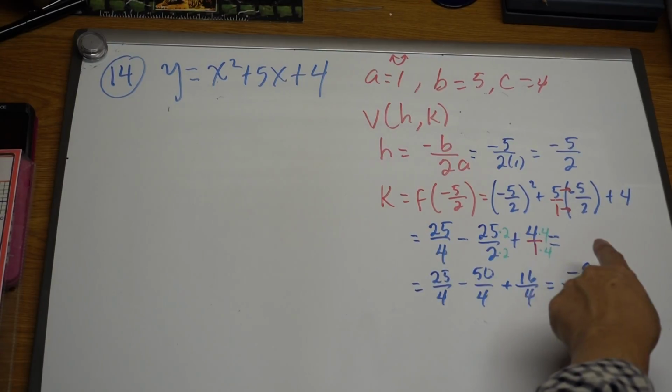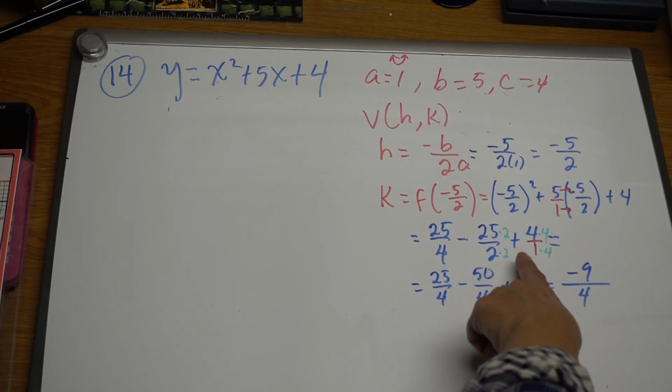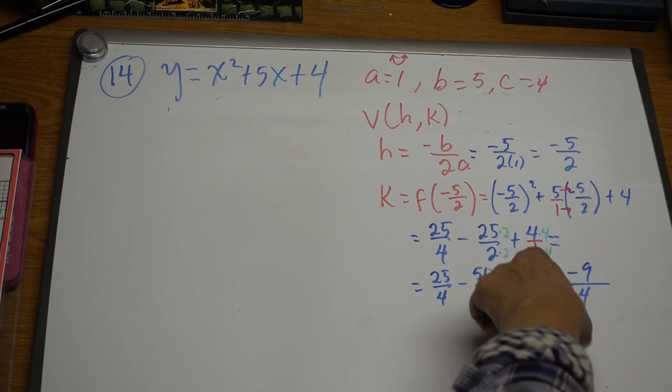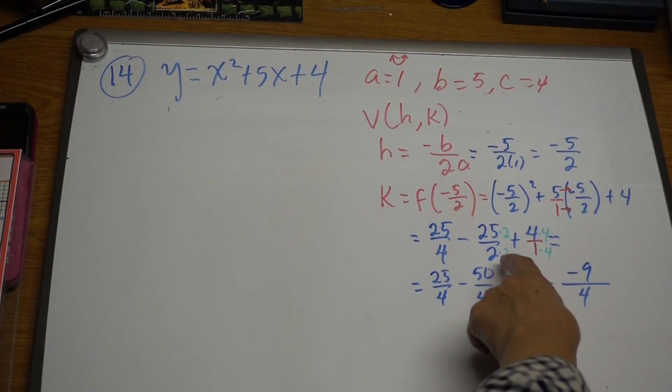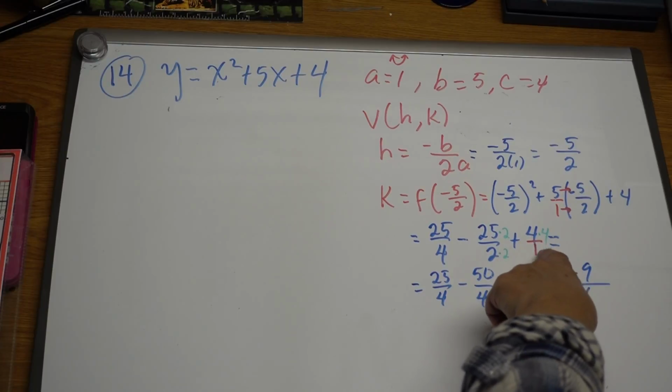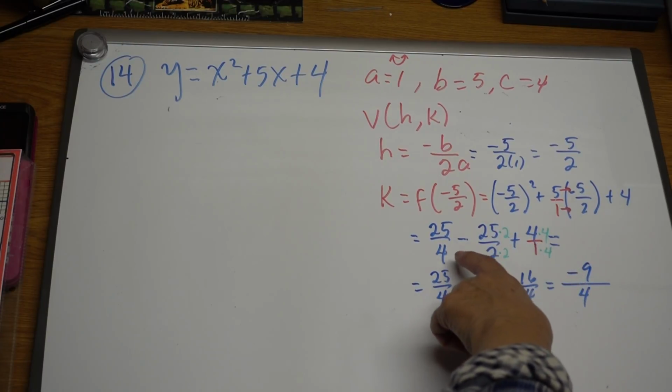But since we have to add and subtract these fractions, we're going to convert everything to fourths. What I did is multiply numerator and denominator by 2 to convert the denominator to 4. Since this one is over 1, I multiply by 4 to get another 4.